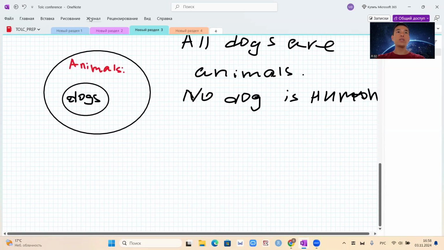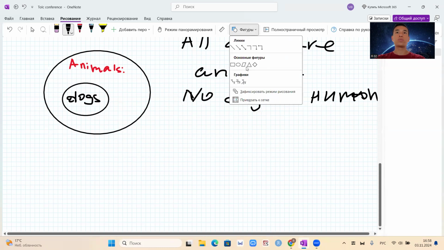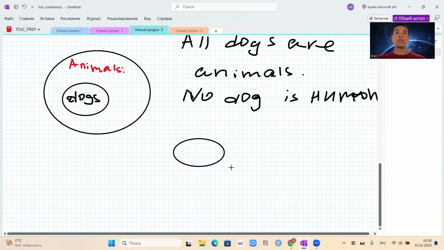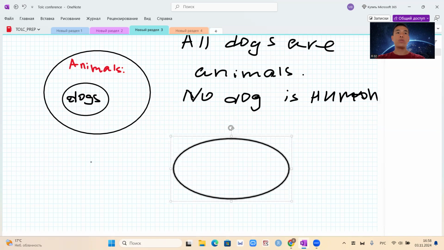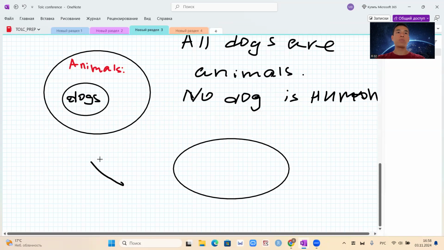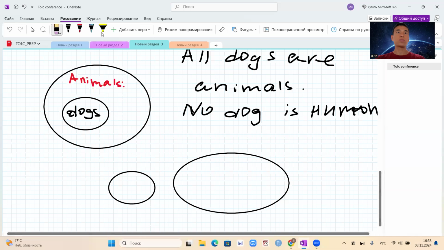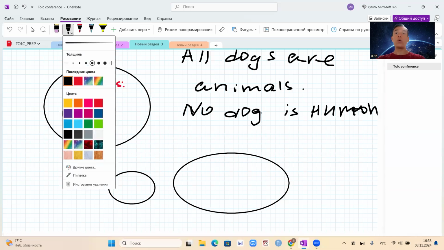Okay, in this case, we'll draw our circles. There is a set of humans, and here will be the set of dogs. In our case, no dog is human.